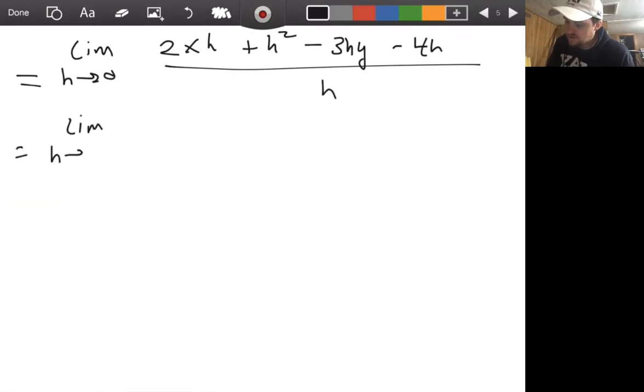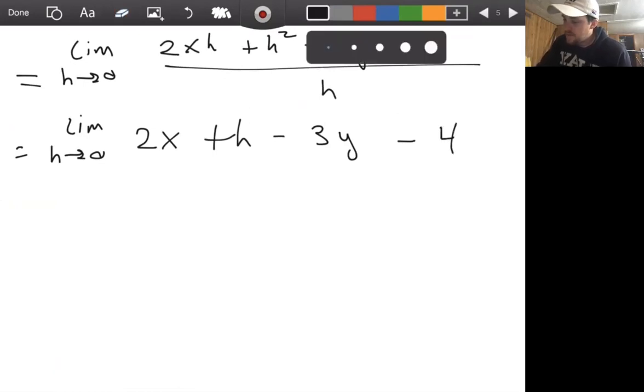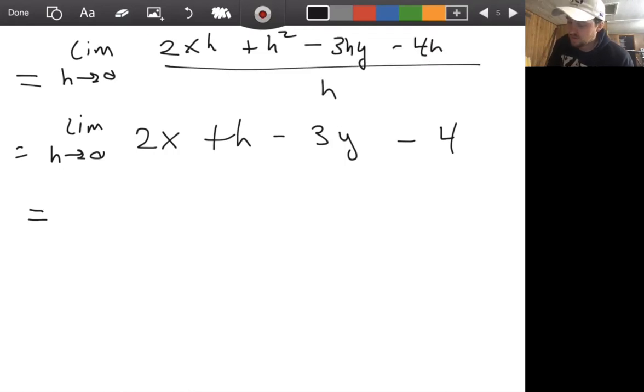This is the limit as h goes to 0 of 2x plus h minus 3y minus 4, right? And now this is a simple enough expression that we can just take the limit as h goes to 0. Well, this function is defined at h equals 0, so we can just substitute 0 for h, and it looks like this limit is going to be 2x minus 3y minus 4.